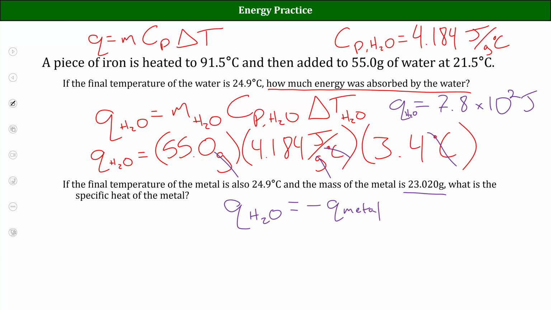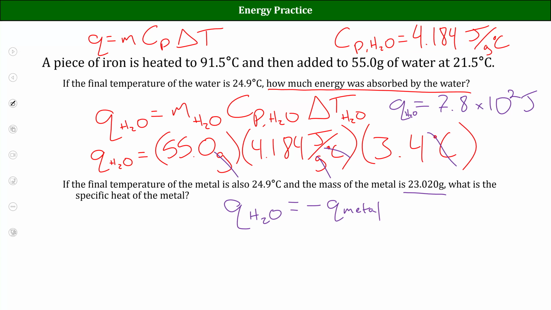So that means if we know Q for the water, we also know Q for the metal. We're making the assumption that no energy is lost to the surroundings, that our container didn't absorb any joules of energy, and that we didn't lose any energy to heating up the air or anything like that. That's a decent assumption usually if we're careful about how we measure these things.